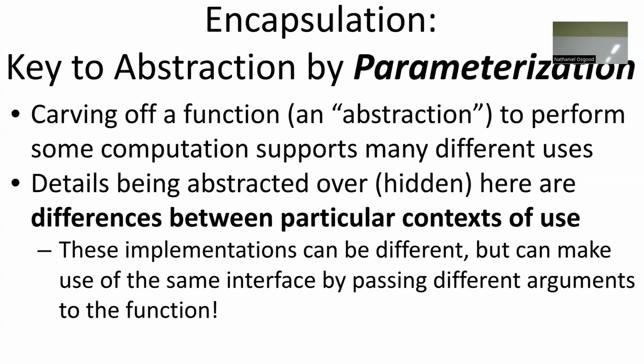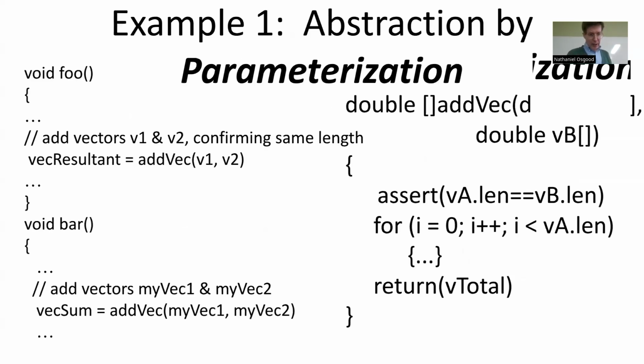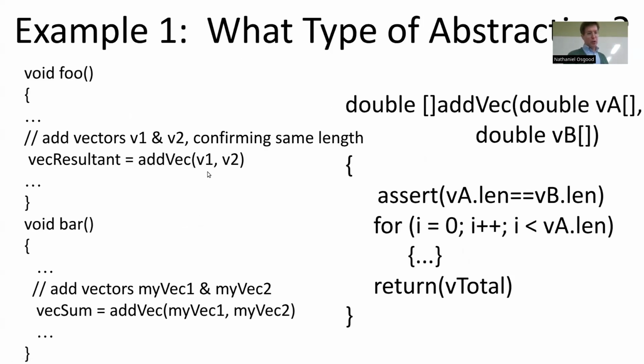So here, the details being abstracted over are the differences between different contexts of use, right? Like here we're adding vectors v1 and v2. Here we're adding my vec1 and my vec2, right? But the abstraction we've added abstracts over those details.